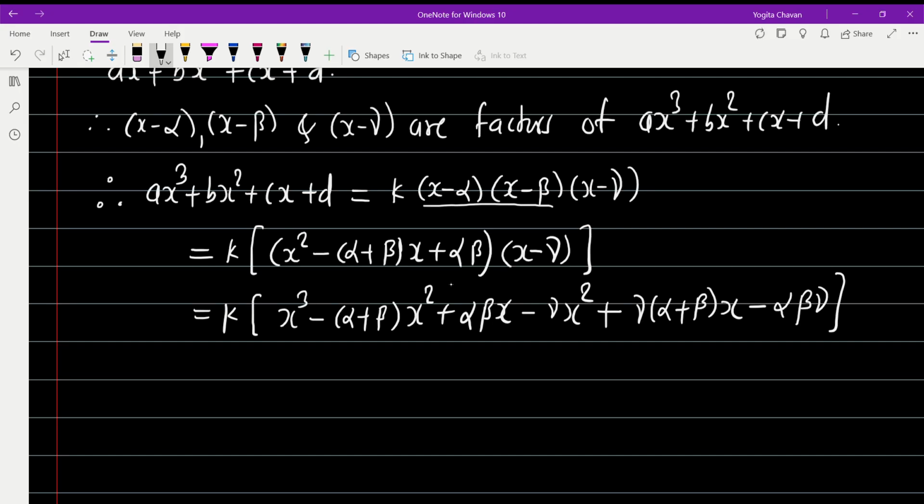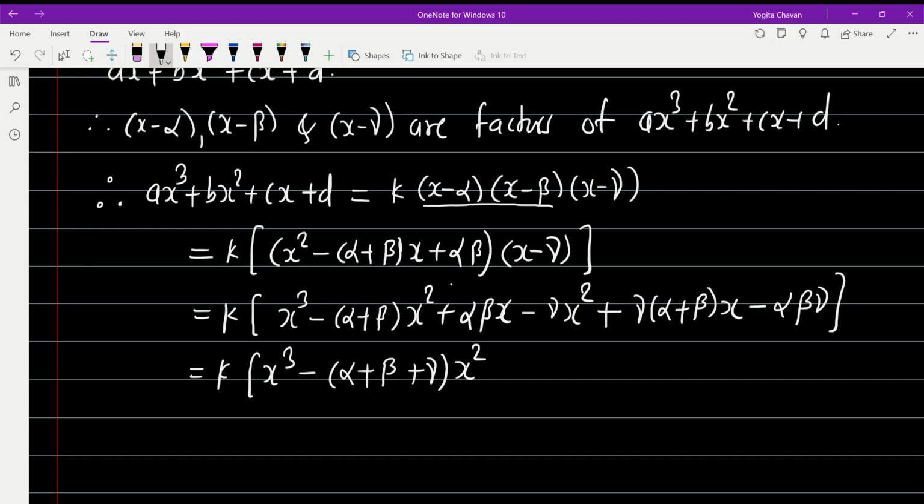Okay, simplify. So it is k x cube as it is. Now we collect the coefficient of x square. Here minus alpha plus beta, and here minus gamma, so it is minus alpha plus beta plus gamma into x square.